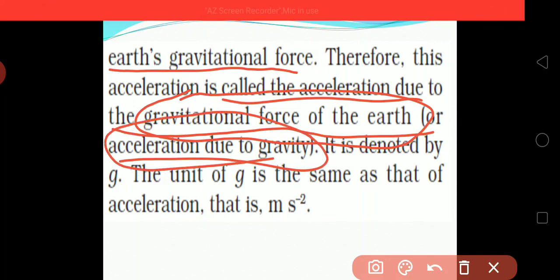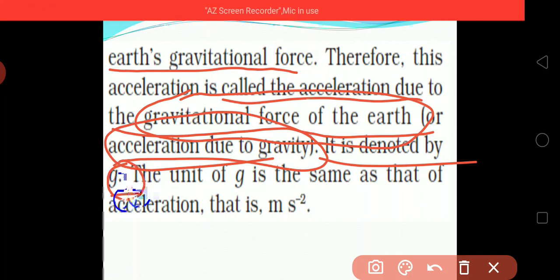It is denoted by small g. So acceleration due to gravity is what? It is the acceleration seen because of the gravitational force of the Earth, and it is indicated as small g.